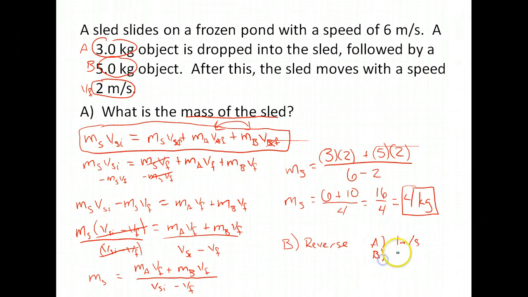Answer B, it's going to be 2 meters per second. Please choose B. Answer C, it's now going to be 4 meters per second. Answer D, 6 meters per second. Answer E, 8 meters per second. So you'd have to go in there and choose the correct answer, and it would be the same right there. So if they give it to you in terms of multiple choice format, that's what they do. And we've seen that before on the AP exam.